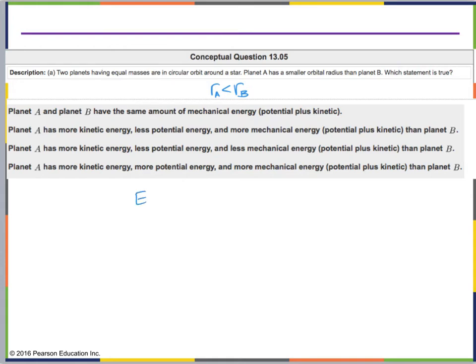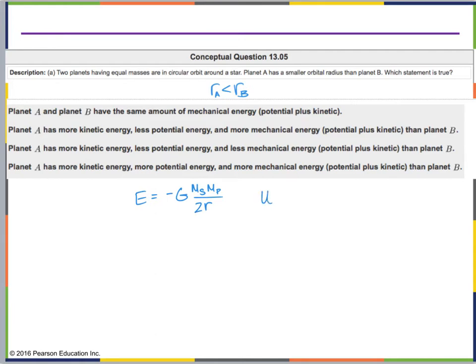So I know that the total energy is minus big G, the mass of the star times the mass of the planet divided by 2r.